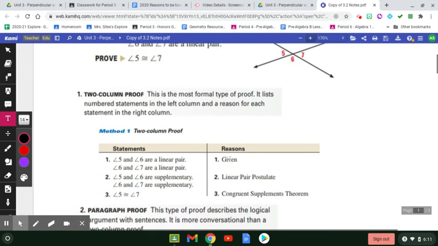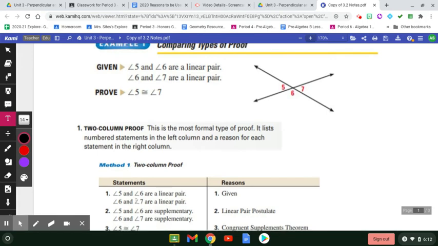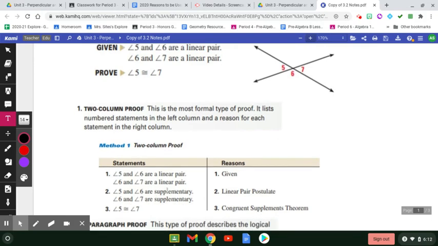So, for example, in this proof, we're given angle 5 and angle 6 are a linear pair, angle 6 and angle 7 are a linear pair, and we're trying to prove that angle 5 is congruent to angle 7. In our two column proof, we would state our given like we normally do. Then we would go through our logical reasoning, building off of the linear pair part with the linear pair postulate, saying that we have two pairs of angles that are supplementary.